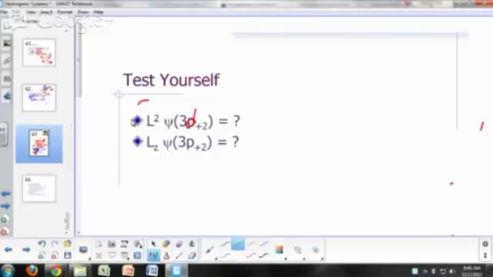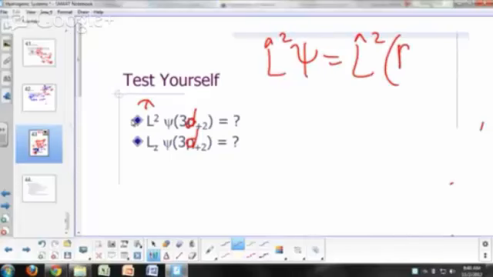It should be 3d. You can't have a plus 2 if it's a p orbital. What's the value of the L squared operator operating on psi 3d plus 2? What would be the result? Well, L squared psi is just L squared operating on R times the spherical harmonic.